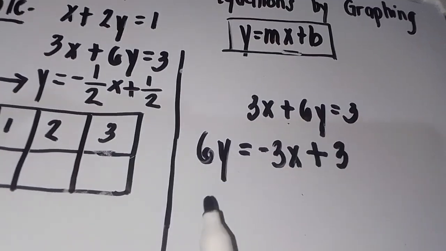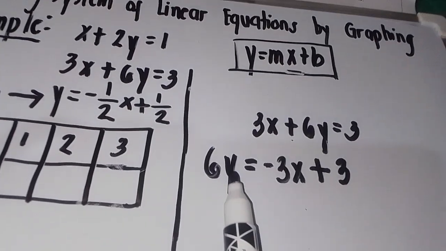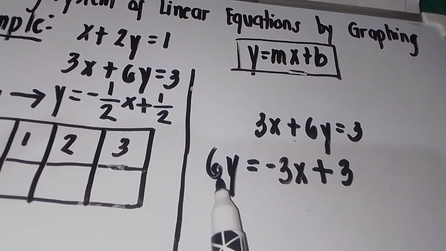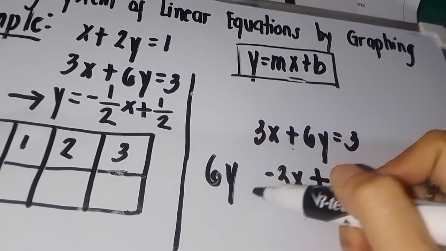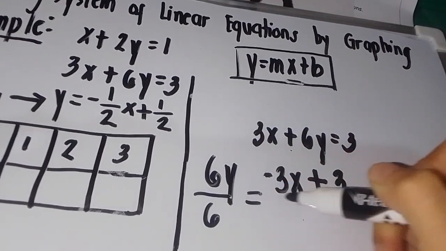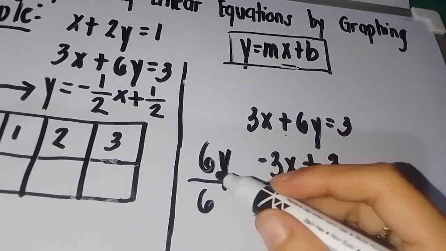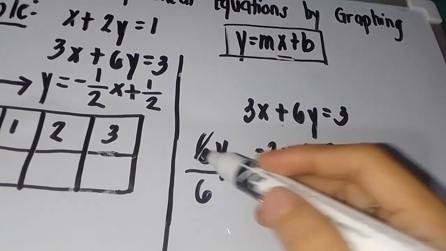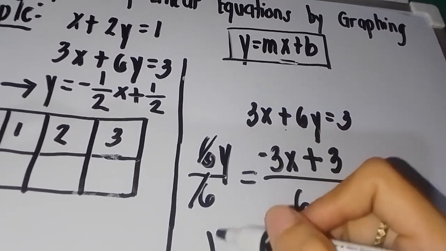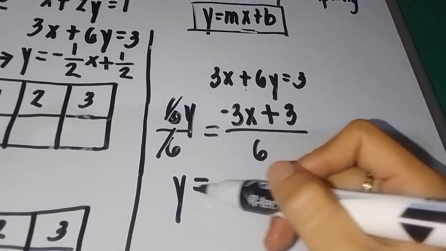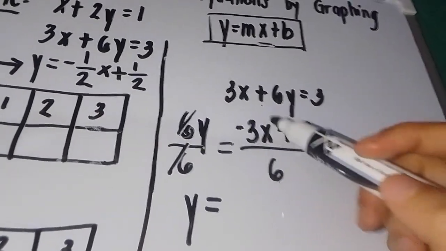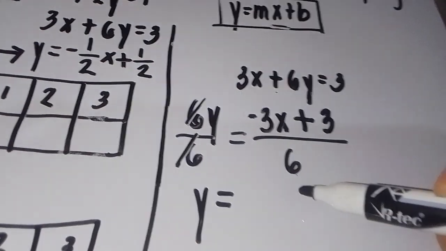Now, we eliminate the coefficient of y, which is 6. So, divide both sides by 6, so that 6 divided by 6 is 1. So, y remains. Y equals, on the right side, first term divided by denominator 6.